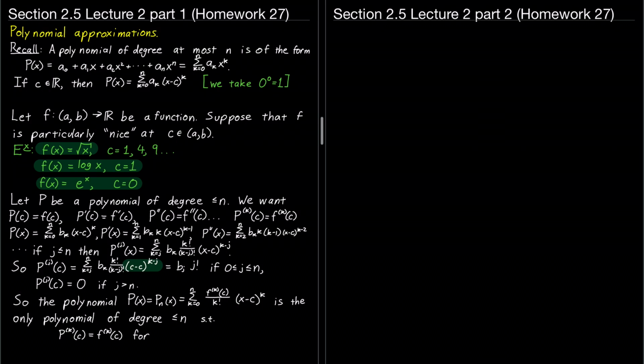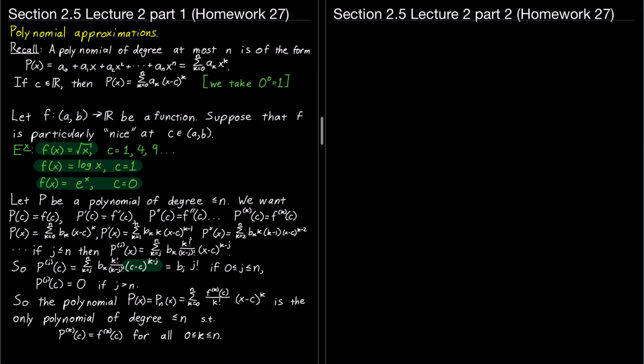And this is for all k between 0 and n. So there's one and only polynomial that has this nice property. This polynomial is exactly equal to f at this point c, and all the derivatives are nice.